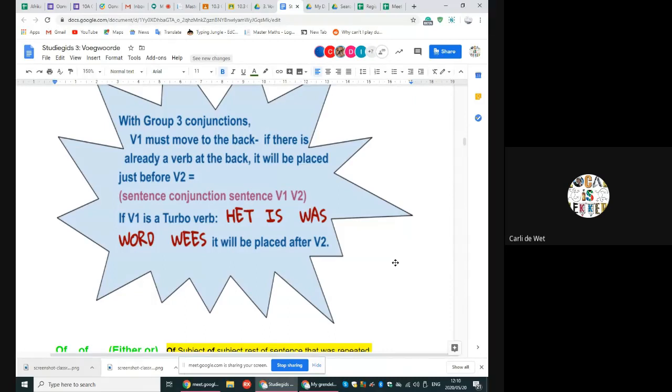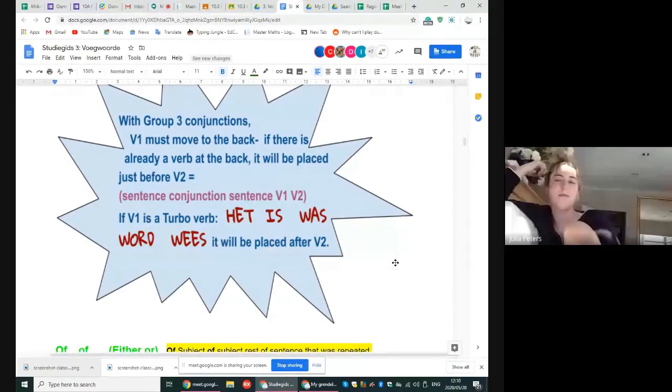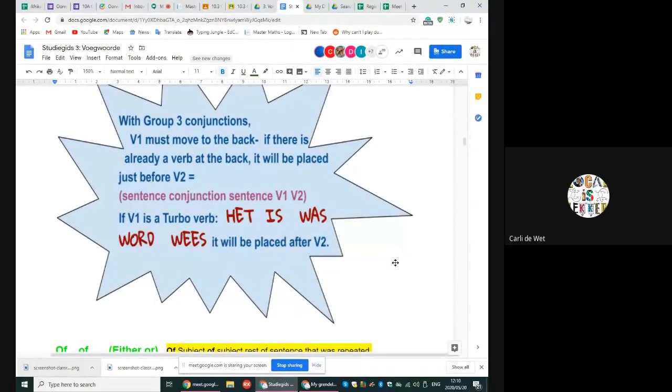Is that clear? Someone? Yes, mevrouw. Makes sense. I'm going to just say it again. If there are 2 verbs in the second sentence, I am going to say sentence, conjunction, sentence, verb 1, verb 2.